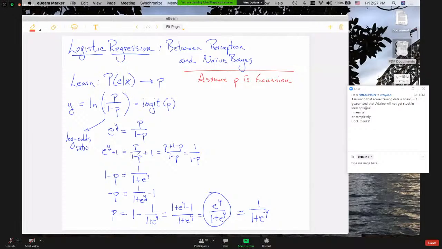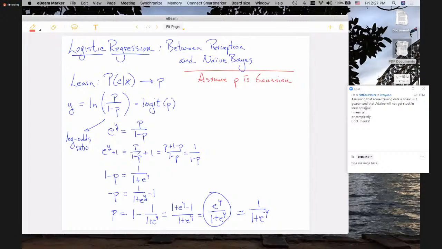With what follows, I'm going to skip some of the derivation. The full derivation is in your reading, so I would encourage you to go read the chapter by Tom Mitchell on naive Bayes and logistic regression.